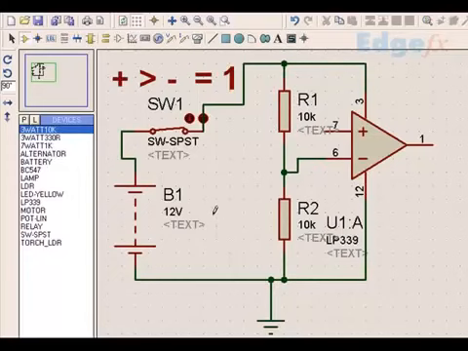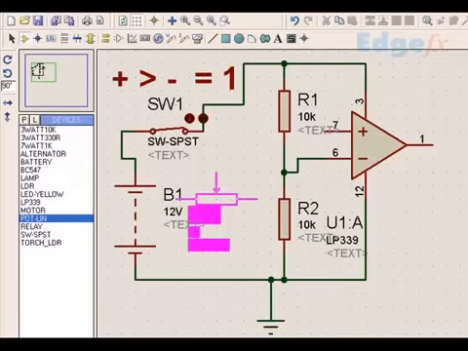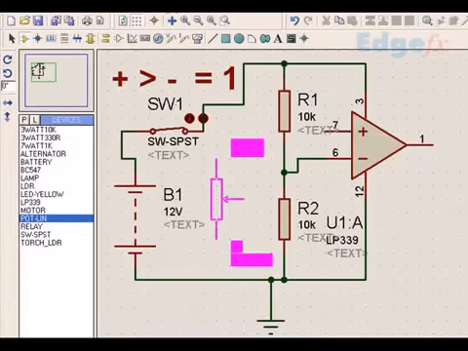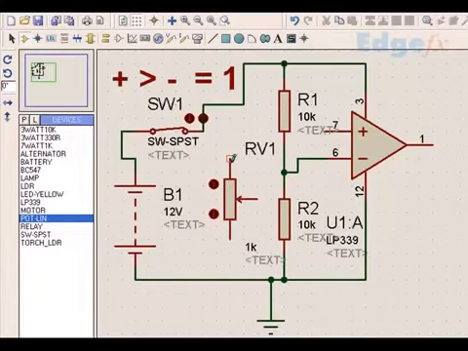Now let me take a variable resistor. What is a variable resistor? This is a variable resistor. I take it here and connect it this way. The upper side is connected to 12 volts and the bottom side is connected to ground.